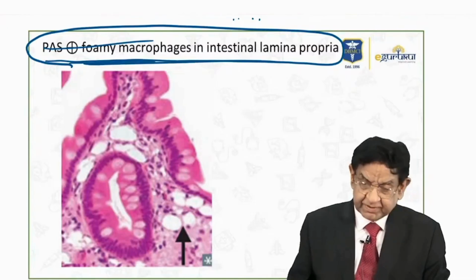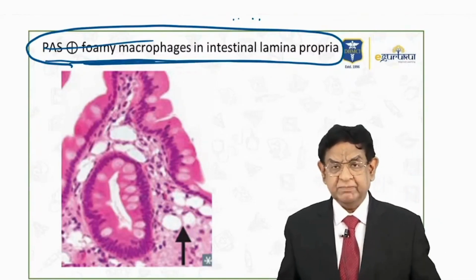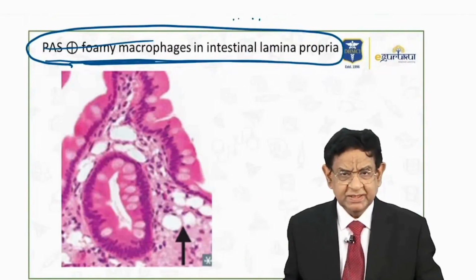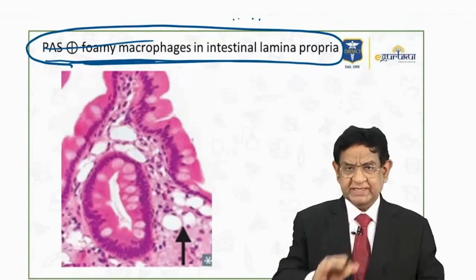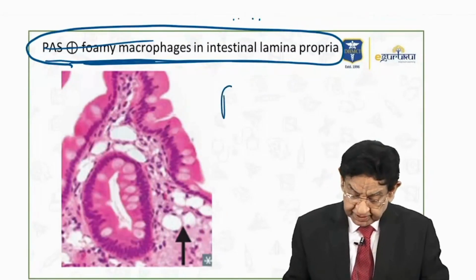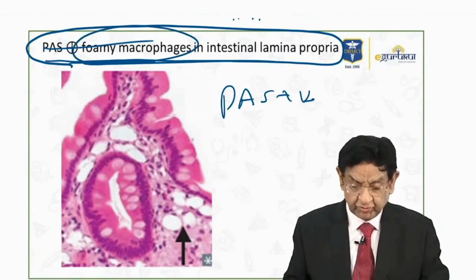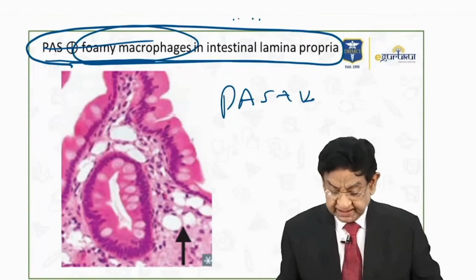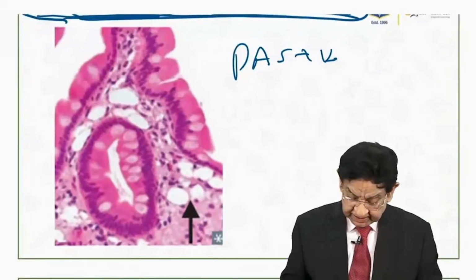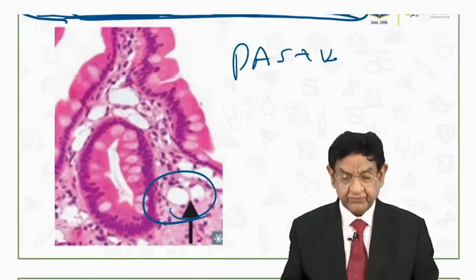Invariably the examiner will ask you, a patient comes with joint pain, diarrhea, dementia, and finally he will always say the biopsy contained PAS positive foamy macrophages in the lamina propria.